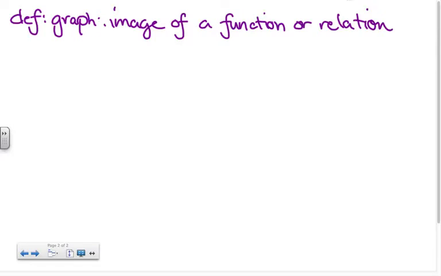So the idea is that it's a visual, something that you can see, something that shows you different kinds of relationships.